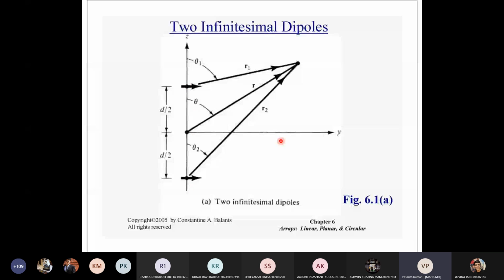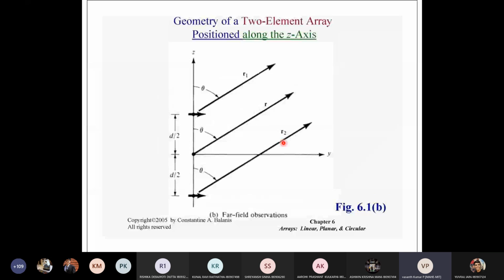If you take the point as far away, then R1, R and R2 will be parallel to each other, and these angles will be converted: theta 1 is equal to theta 2 is equal to theta. So this is d by 2. This is the geometry of a two element array positioned along the x-axis.